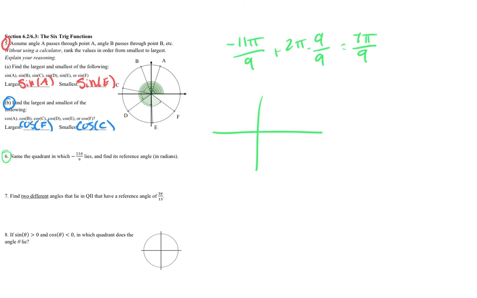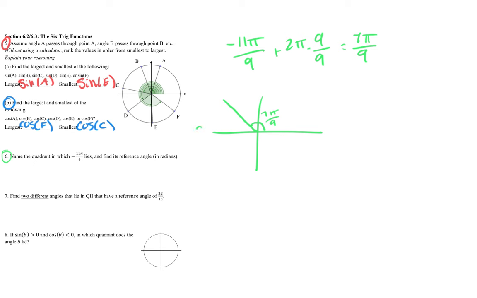So if we draw a unit circle, that is going to be somewhere over here, right? Because 4.5 pi over 9 would be right here on the y-axis. And so this is going to be 7 pi over 9. Finding that reference angle, remember it's how close it is to our x-axis.